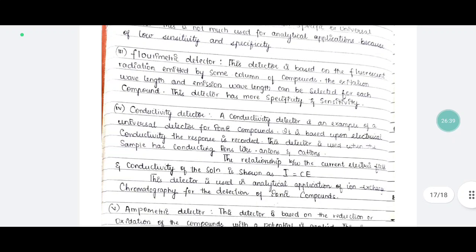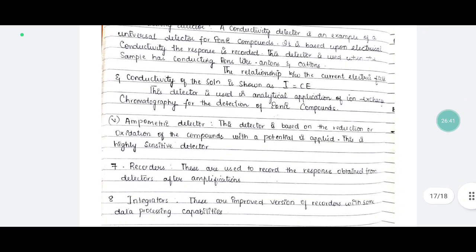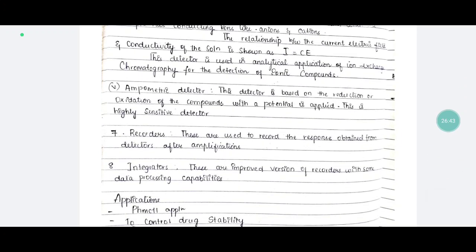In that the UV detectors are used. Lastly, the recorders and the integrators. The recorders are used to record the response obtained from the detectors after amplification, and integrators are improved versions of the recorders with some data processing capabilities.